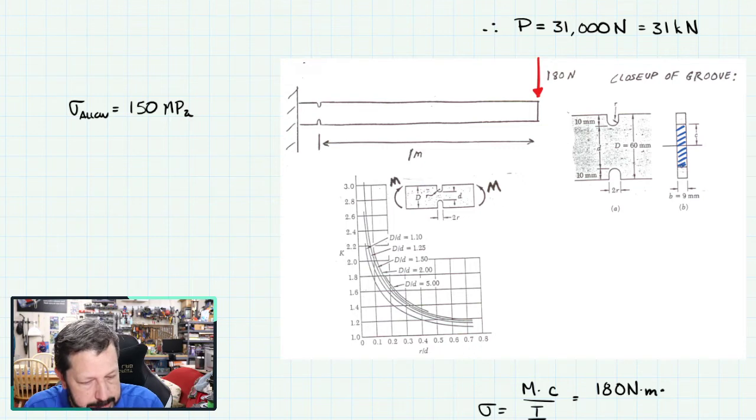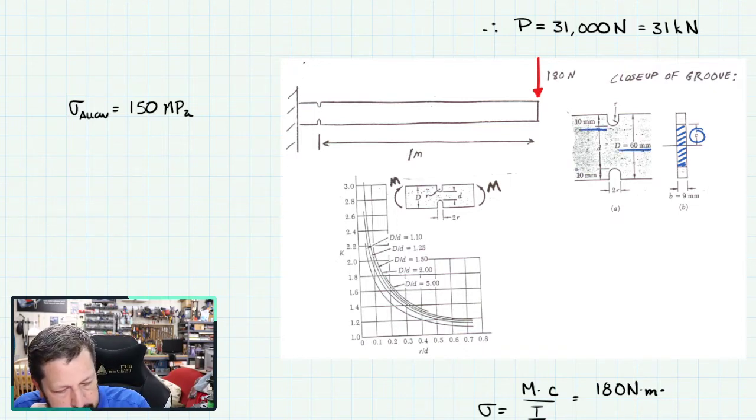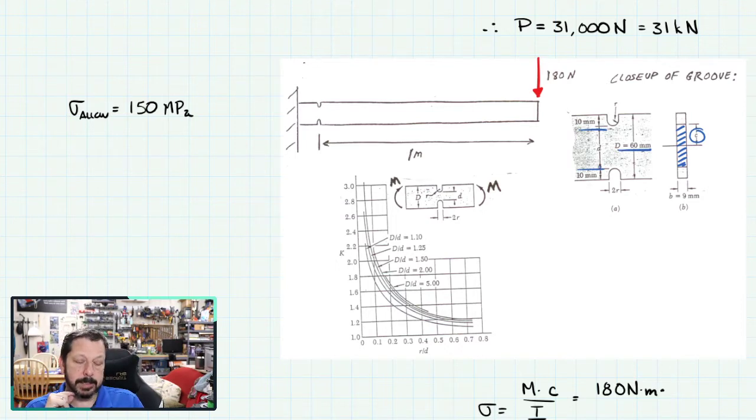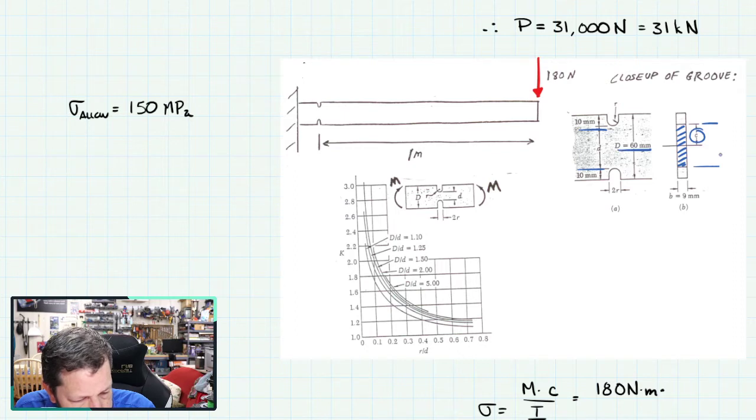They've got C labeled right there, which is, well, we've got D of 60 millimeters, and then each of these notches is 10 millimeters. So the distance from here to here is 40 millimeters, which would make C half of that, which would be 20 millimeters.